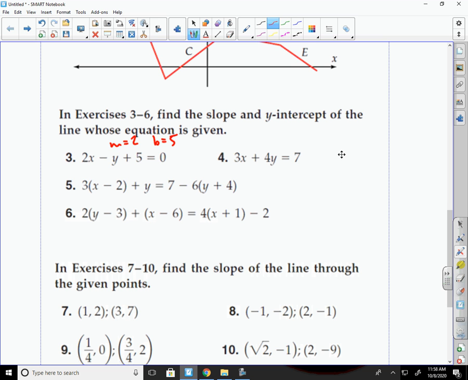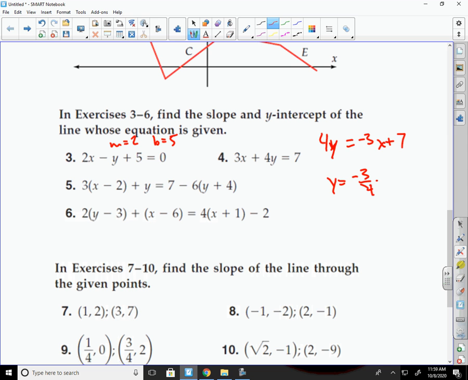I'm going to subtract the 3x over. 4y equals negative 3x plus 7. Divide by 4. Y equals negative 3/4 x plus 7/4. This is my slope. This is my y-intercept.